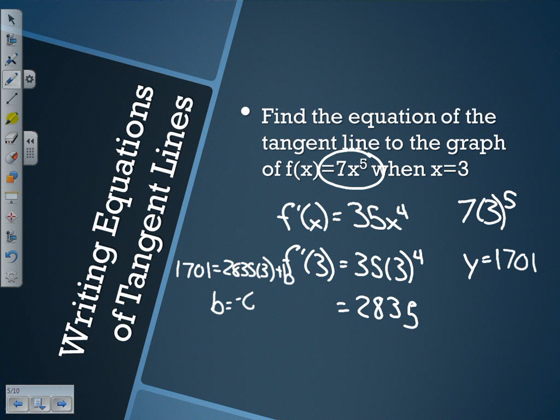So negative 6,804. That is what you got. Okay. So then plug it all in. So y equals our slope, 2,835, x minus our y-intercept, 6,804.